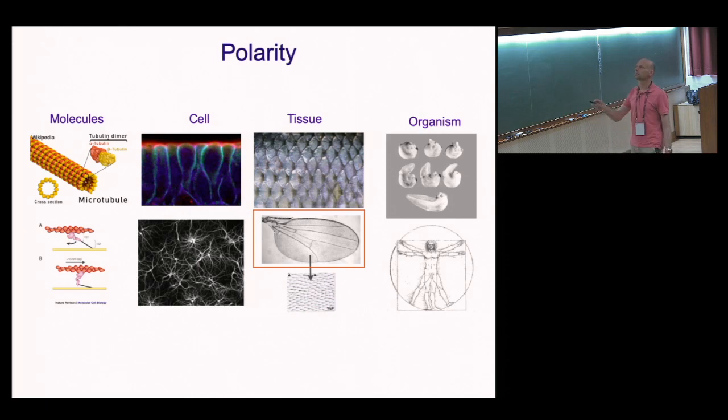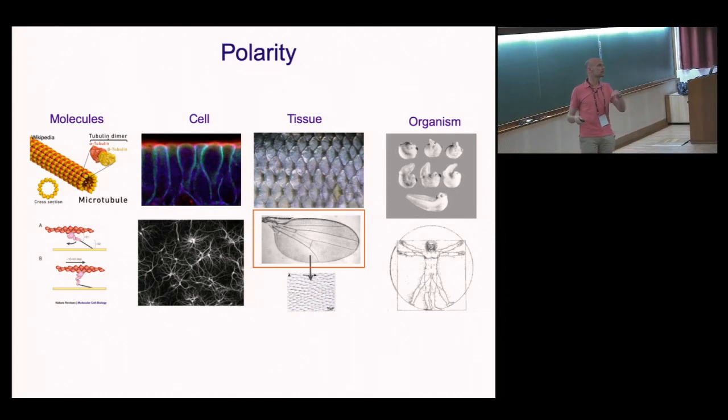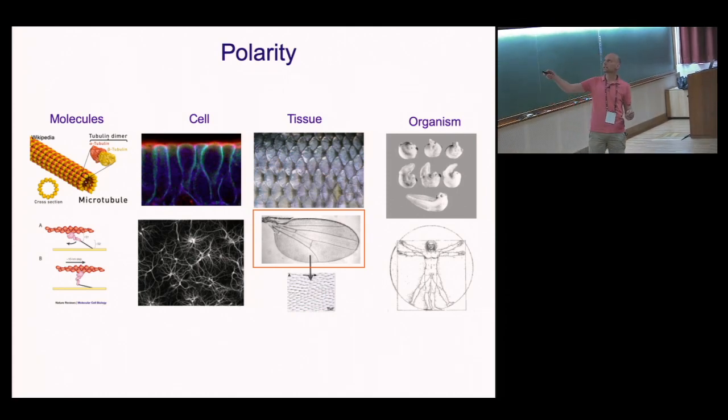Second, polarity is, of course, also apparent at the level of cells. Here I'm showing at the top an epithelial cell layer, so basically something you could think of as lining, for example, our lungs or our intestines. These cells have functionalized differently the membrane that faces the outside versus the membrane that faces the inside.